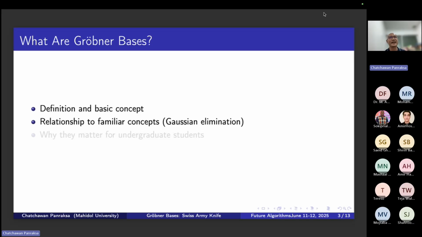The magic is that this systematic approach works for any polynomial system. I'm not talking about the speed or efficiency of Gröbner bases today. That could be a research project in itself. Focus on how to use it.